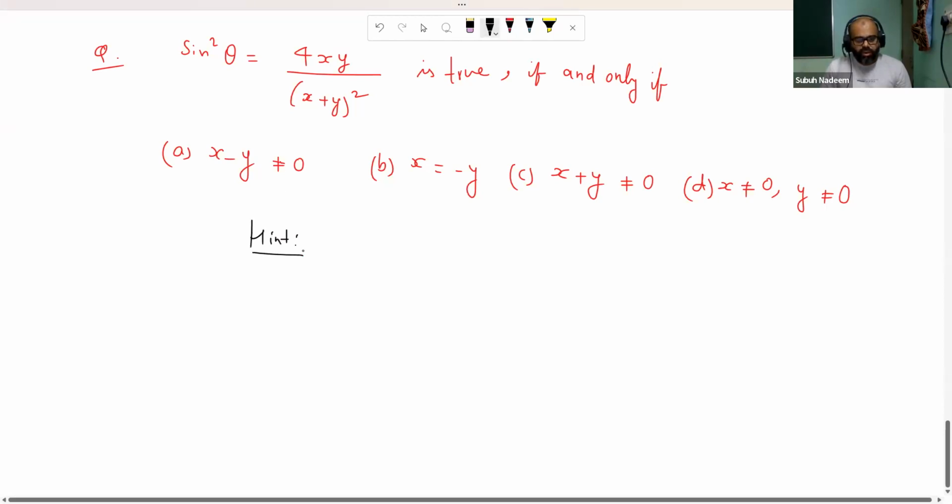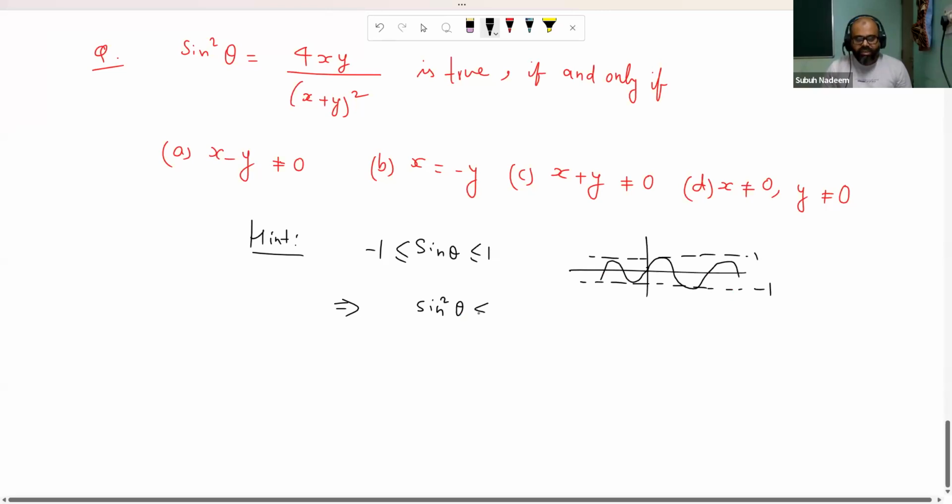The hint is that regarding sine theta, we know that it lies between 1 and -1. Okay, sine theta graph, we all know it gives you the value between 1 and -1. If you see the above graph, which we just drew also, sine theta is like this. So the values are between 1 and -1. This is the upper limit, which is 1, and this is the lower limit, which is -1. Now, this implies that sine square theta is less than or equal to 1.